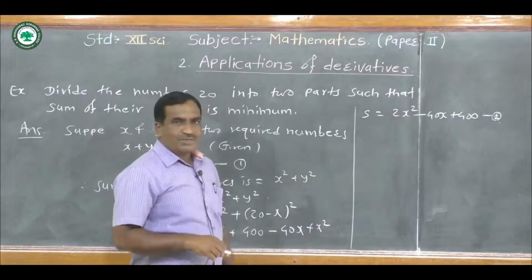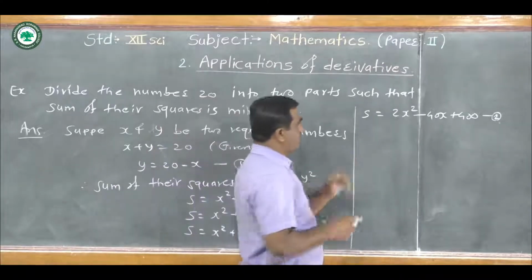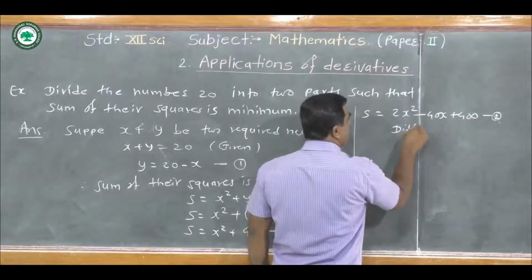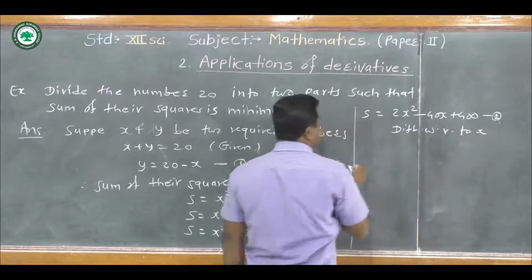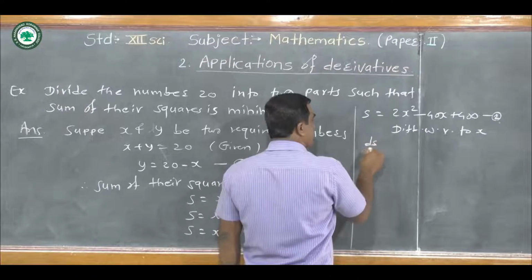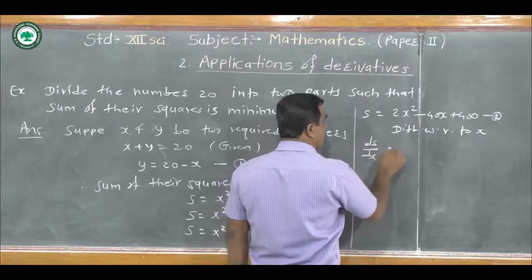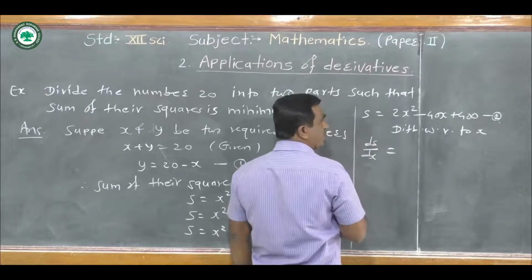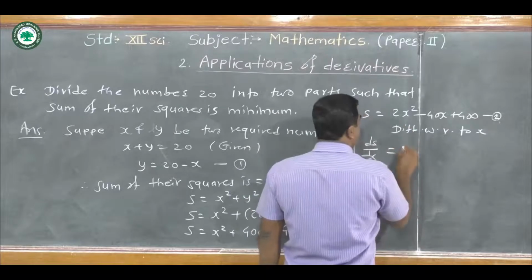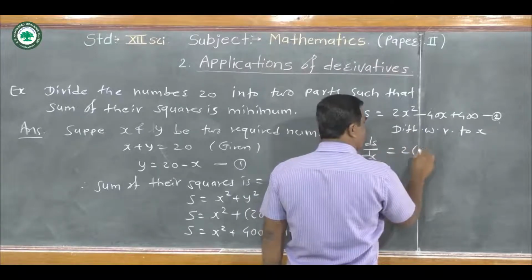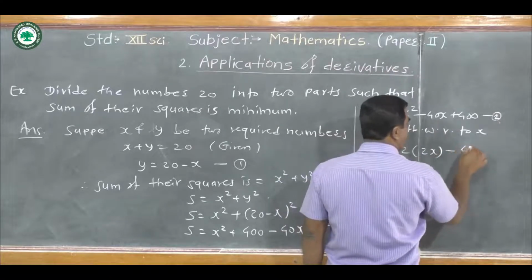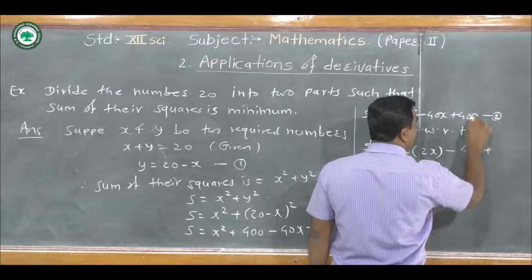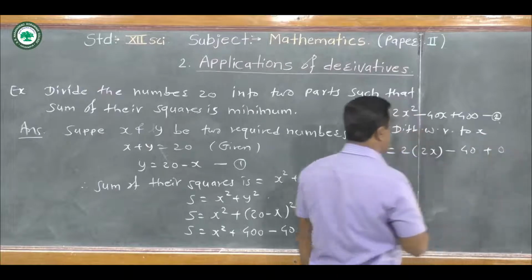Now differentiate this equation with respect to x. Therefore the derivative of S, dS by dx, is equal to the derivative of 2x square, 2 into the derivative of x square, which is 2x, minus the derivative of 40x, which is 40, plus the derivative of 400, which is 0, a constant term.